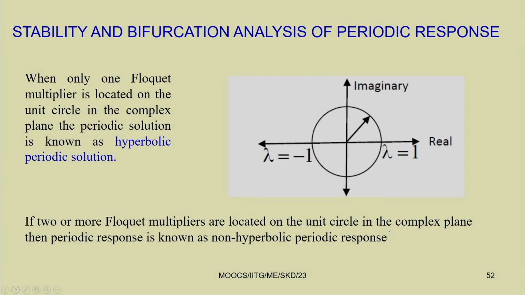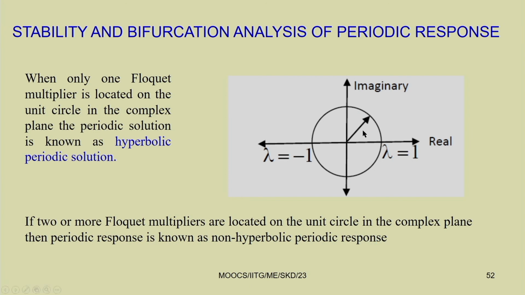Similar things we have observed in case of the fixed point response, and in periodic response we are already familiar with Floquet theory, by which we can study the stability of the system. By finding the eigenvalues of the monodromy matrix, we can draw the unit circle, drawn here with the real and imaginary parts of the Floquet multiplier, lambda.